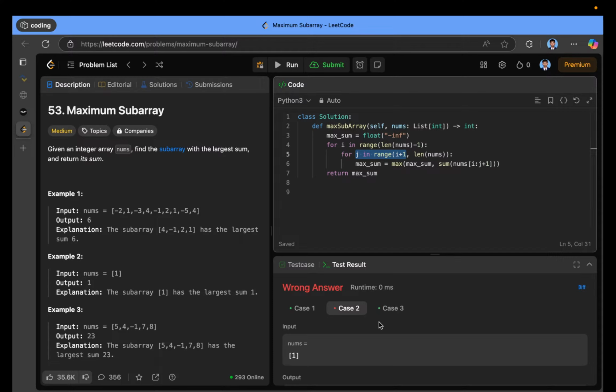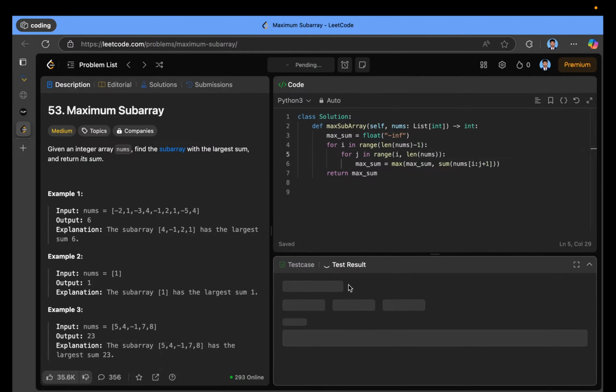It's not there. The smallest window should be of length one, which I am not taking here. This should solve that.